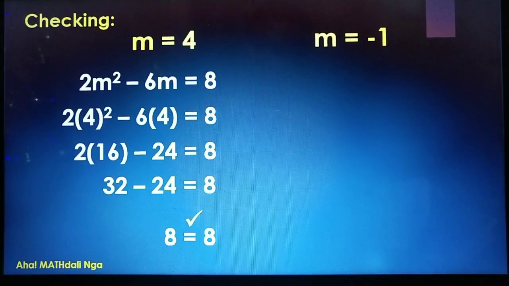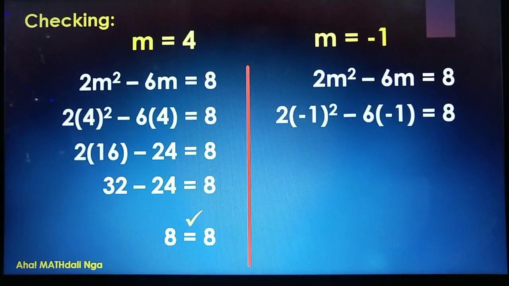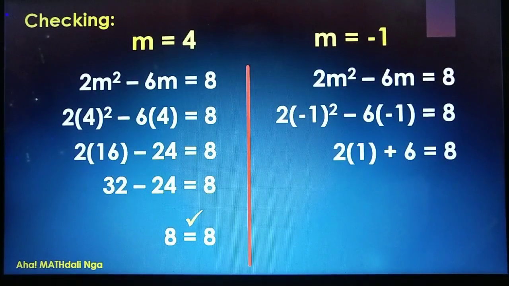How about negative 1? 2m squared minus 6m equals 8. By substitution, we have 2 times the square of negative 1 minus 6 times negative 1 equals 8. Then, let's simplify. The square of negative 1 is 1. That's why we have 2 times positive 1.